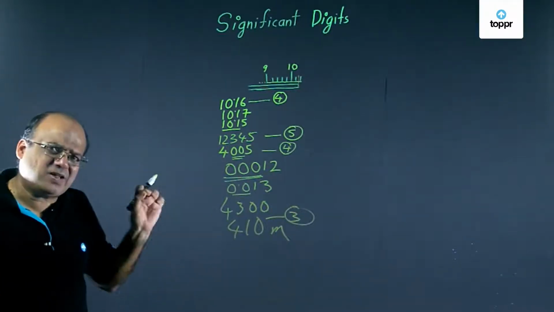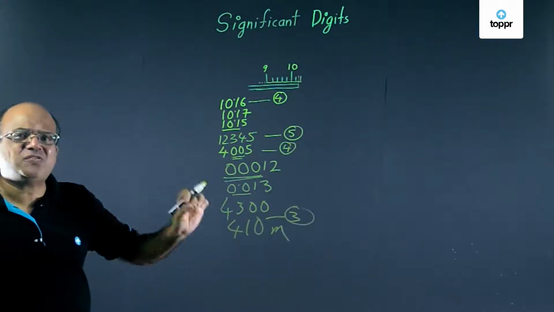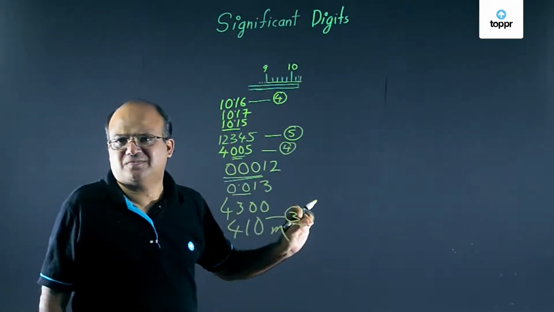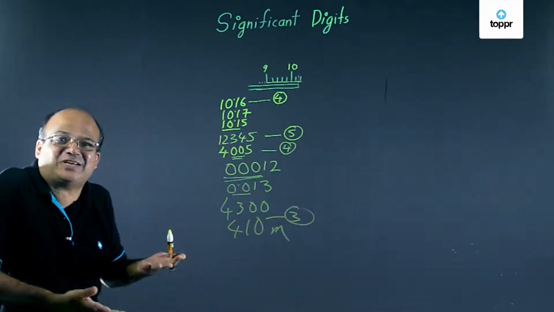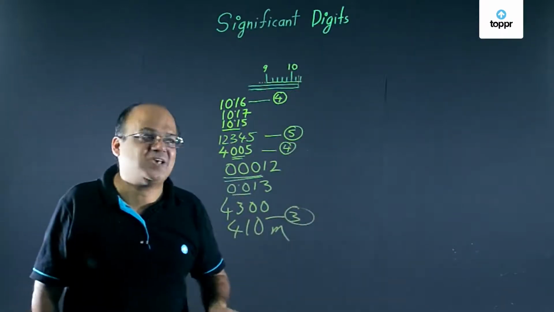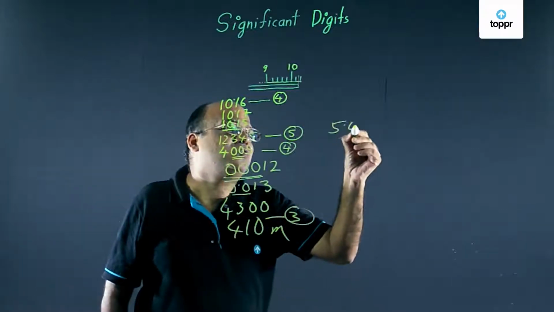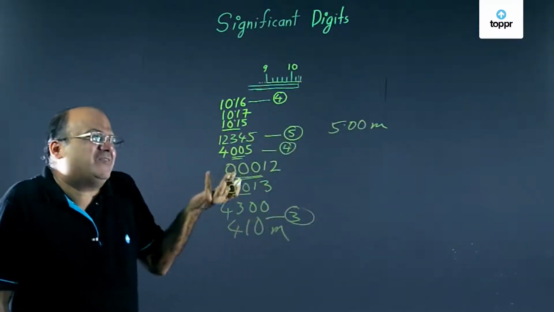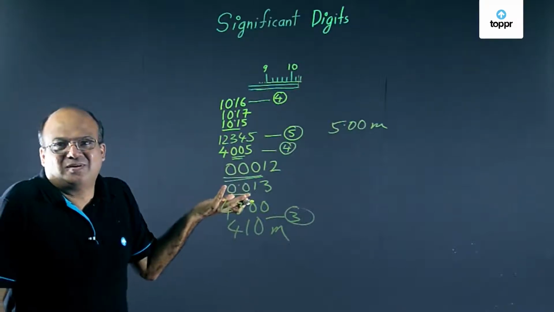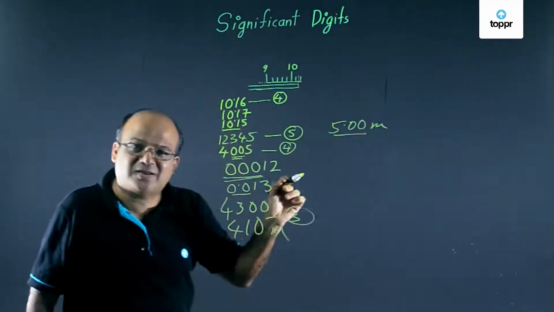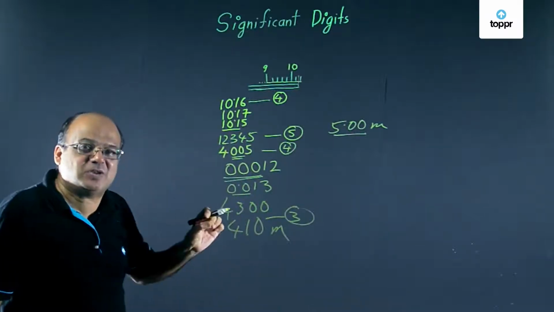If the number has a decimal point, zeros on the right are always significant. Right? Sometimes when a teacher dictates a question to you and he says the length of this object is 5.00 meters, then you may think, why write 0.00? What is the use of that? These zeros are there to tell the accuracy of the measurement.